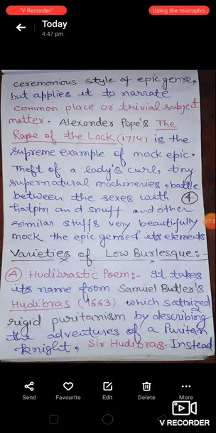Let's talk something about The Rape of the Lock. Even the title itself suggests mocking, making fun of. Lock, L-O-C-K, does not mean the lock which is there with a key, tala, that we call in Hindi. No, here lock means a lock of hair.